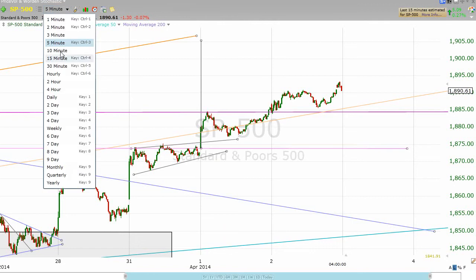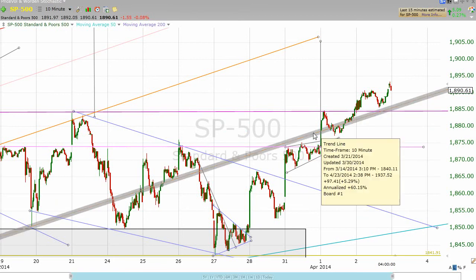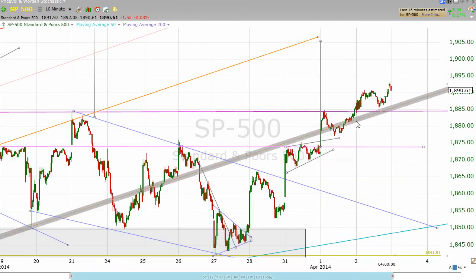The other thing that's a little interesting is that even though this light orange line was made light because I don't think it's as important as it perhaps used to be, the fact is we have now regained a position above this line, which again I think is just another sign that this market still has some legs. So I'm real happy with the way things have gone.